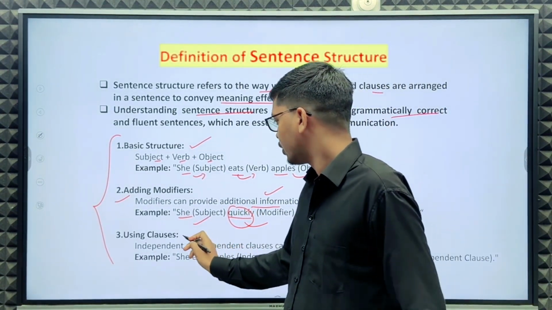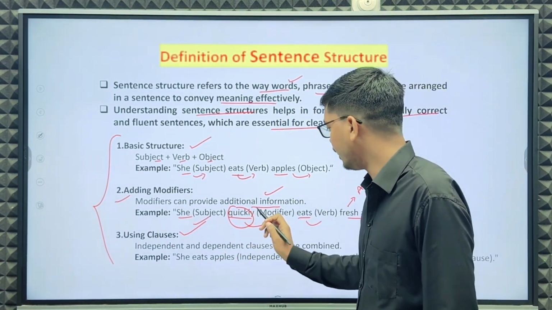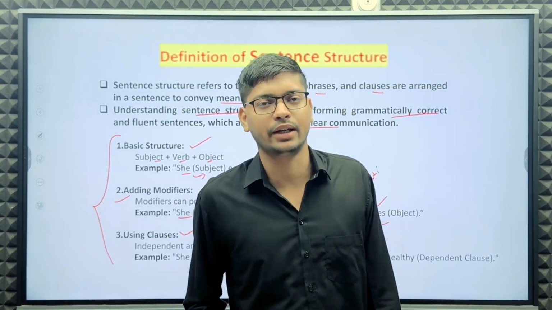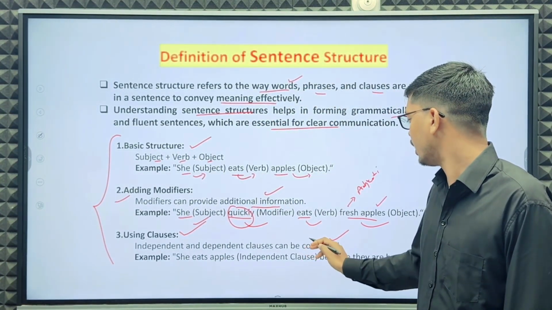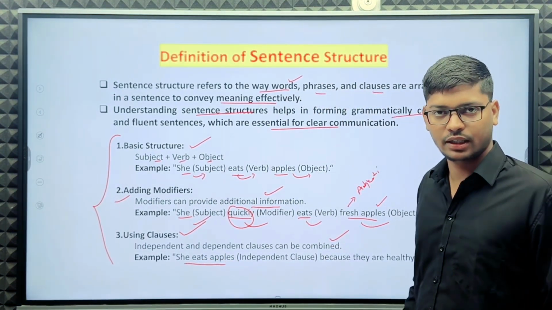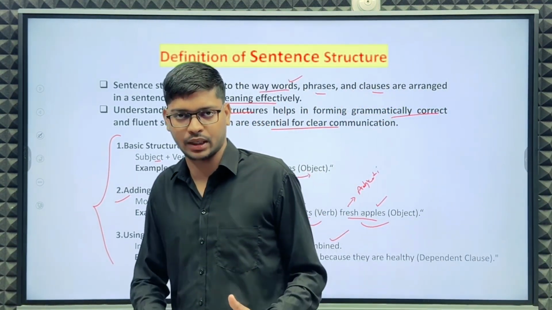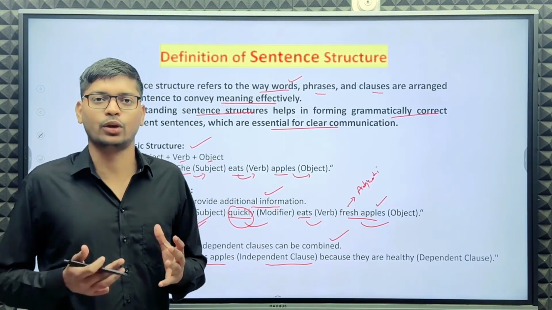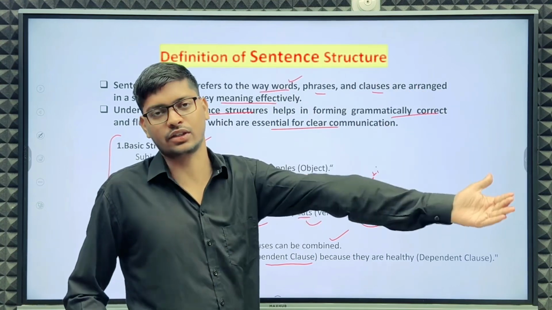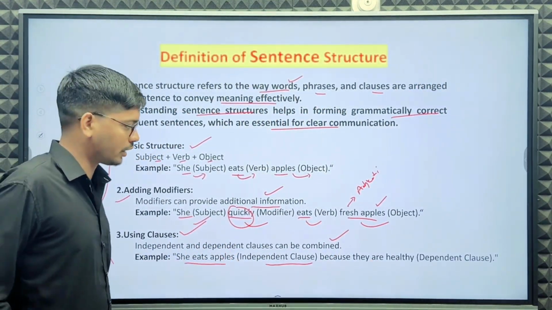Next, using clauses. Independent and dependent clauses can be combined. Example: she eats apples. She eats apples is an independent clause because its meaning does not depend on other clauses.